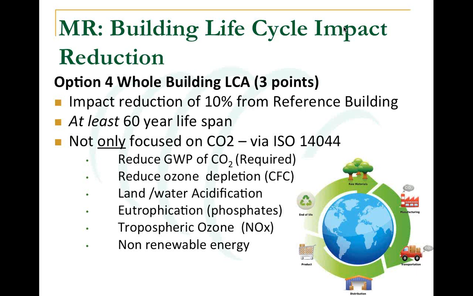When you look at it over a 60-year span, if you can reduce by 10% these environmental impacts, global warming potential, ozone, acidification, eutrophication, then you can earn these 3 points. I mentioned this first because, from the design team standpoint, this is a very difficult thing to do. That's why they gave it 3 points.